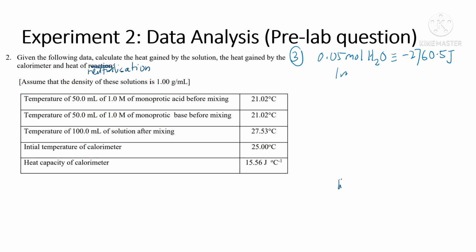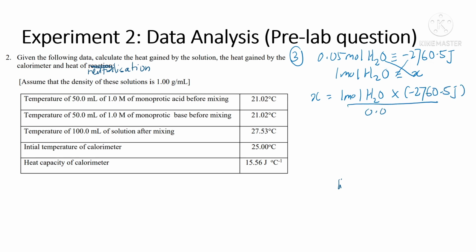So for 1 mole of water being formed, the amount of heat released is equal to X, which we want to find. To find X, we can apply cross multiplying. Therefore, X is equal to 1 mole of water multiplied by negative 2760.5 joule divided by 0.05 mole of water, to give us the amount of heat released in a neutralization reaction when 1 mole of water is being produced.